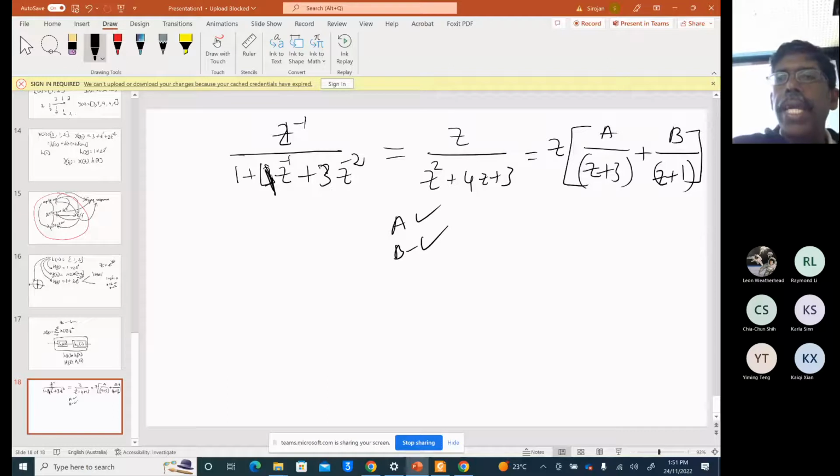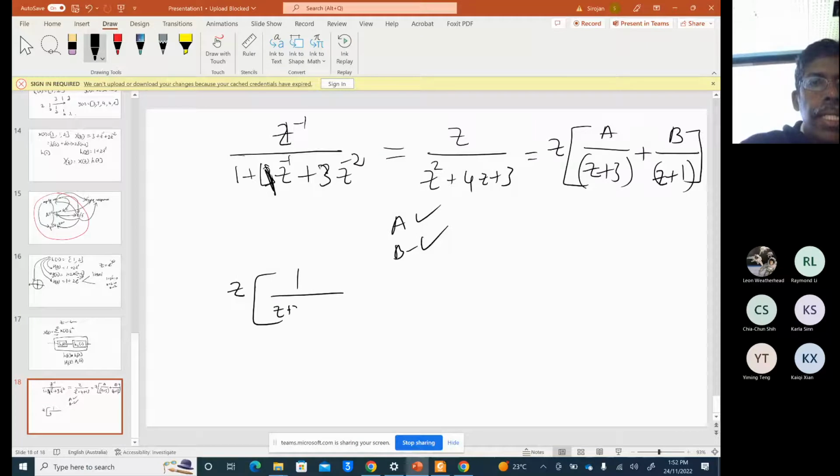So how do you find A and B? There's a shortcut to find A and B, the cover-up rule. You can write this as z into 1 over z plus 3, z plus 1, equal to A over z plus 3 plus B over z plus 1.